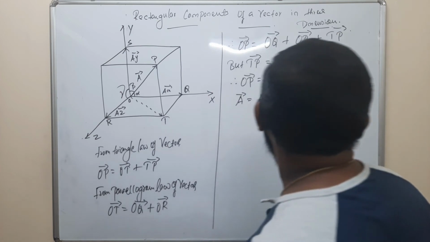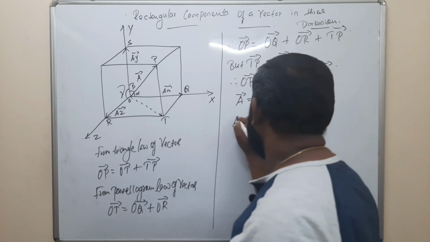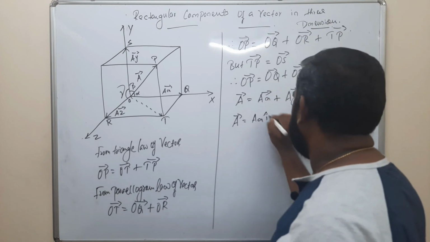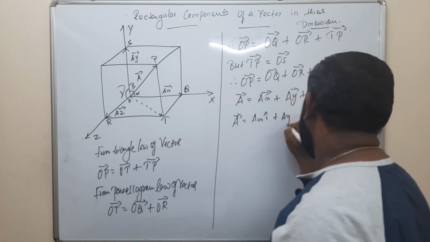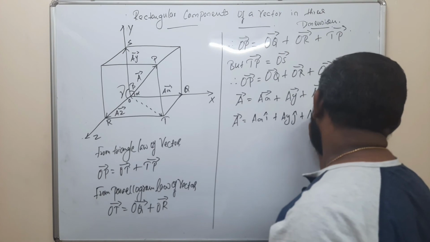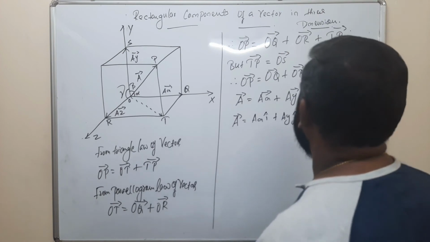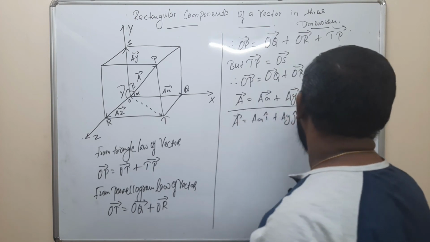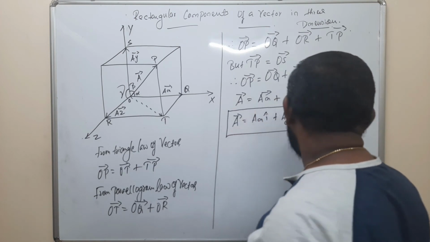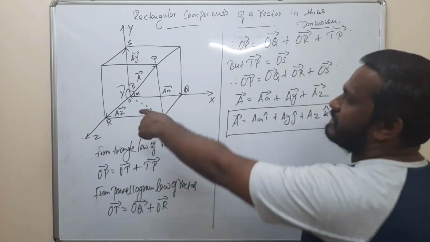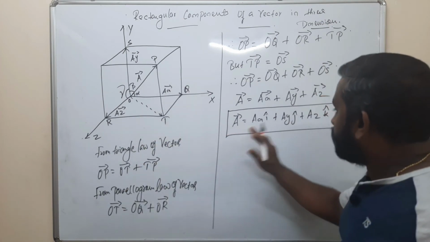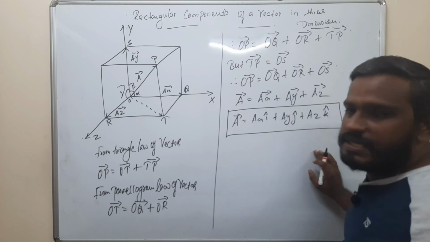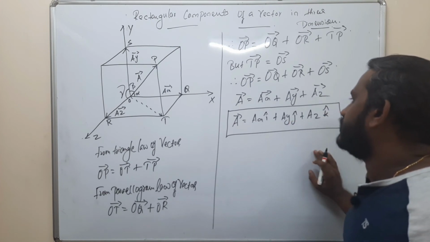So we can write A vector is equal to AX i cap plus AY j cap plus AZ k cap, where AX, AY, AZ are the magnitudes. So this form you should know: our given vector A can be resolved into three components, X component, Y component and Z component.